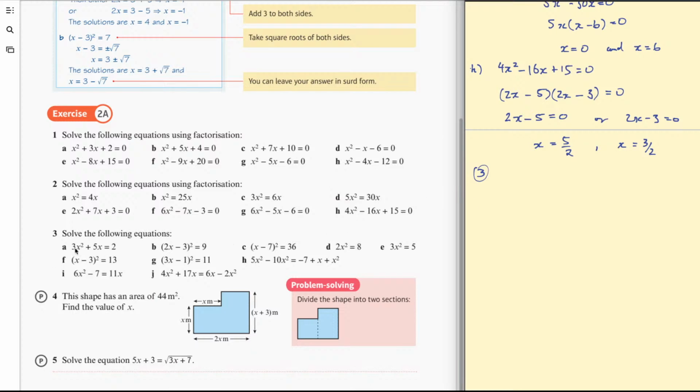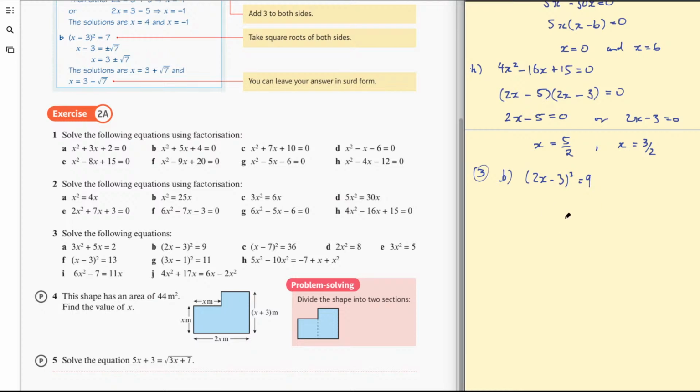Okay, question 3. We have a bit of a mix of equations here. Which ones should we do? Maybe B, E, and H. Let's start off with those. So B, we have 2x take 3 squared equal to 9. And as I was saying before, rather than expanding everything out, there's a simpler way to solve this.